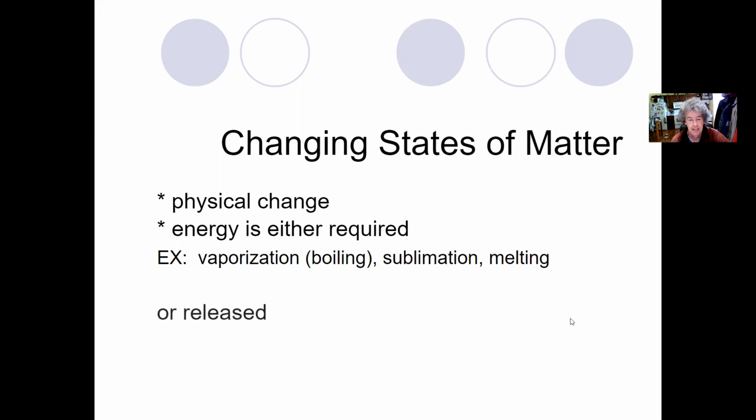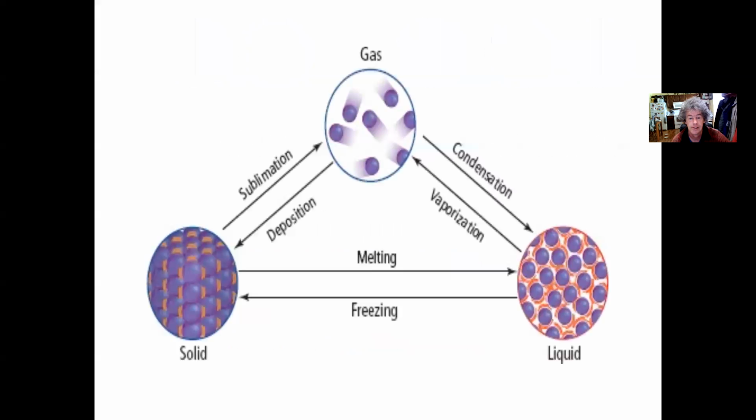In contrast, the opposite processes give off energy. Condensation gives off energy. Deposition, the formation of ice from gaseous H2O, gives off energy. And freezing gives off energy. So we can do a little chart here. From solid to liquid is melting, and that requires energy.